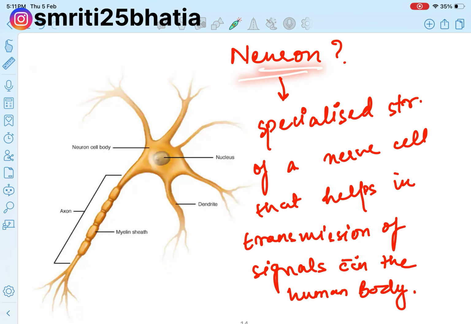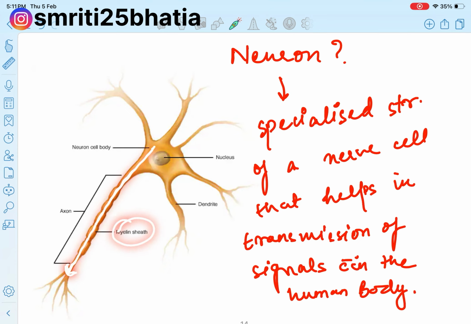Over the axon we have the myelin sheath. It is an insulating sheath that helps in increasing the speed of the transmission. Suppose signals are coming from here. What will the myelin sheath do?